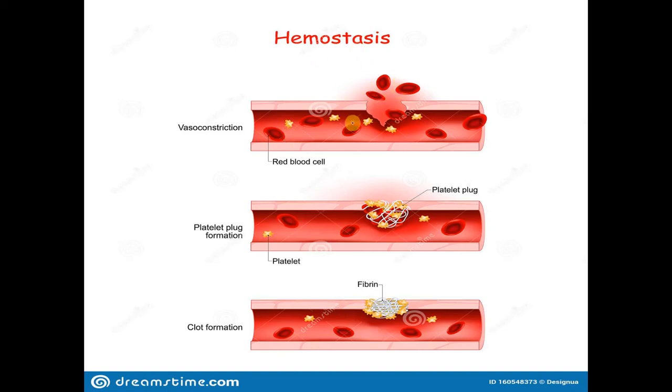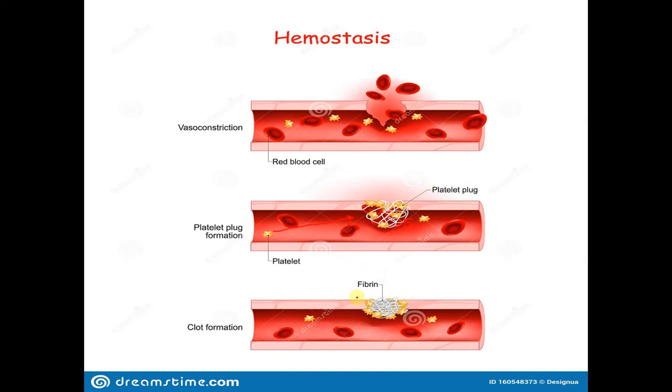Let's look at this diagram in order to understand this blood clot formation. So what happens when the skin is damaged? There is a breach in the vessel wall. Automatically, the vessel will cause vasoconstriction. As a result of this vasoconstriction, the lumen of the blood vessels gets narrowed. In the next step, the platelets, which are already flowing in the blood, will be recruited towards this breached part, and they will start accumulating here.